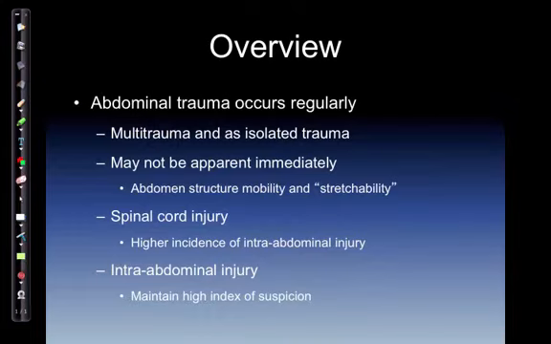Spinal cord injuries increase the incidence of intra-abdominal injury. The challenge is to appropriately treat a hypotensive patient with a spinal cord injury and a possible intra-abdominal injury simultaneously. With intra-abdominal injuries, maintain a high index of suspicion. They have multiple organs in there that will allow bleeding.